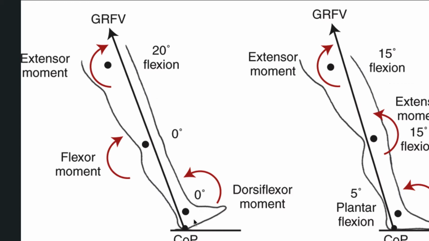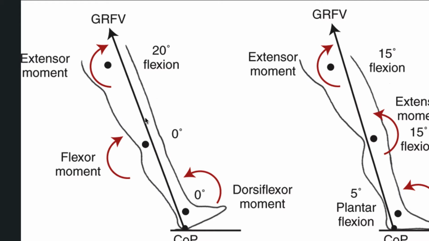So then up the chain here, again, we have the ground reaction force vector that is in front of the joint line of the knee. And so it's pushing on the front of your tibia, trying to extend your knee this way. And so we have an internal flexor moment created at the knee.